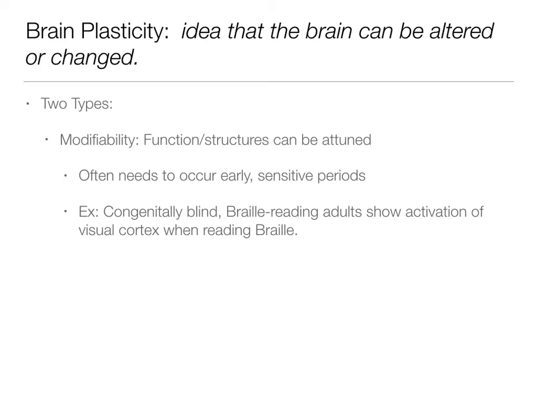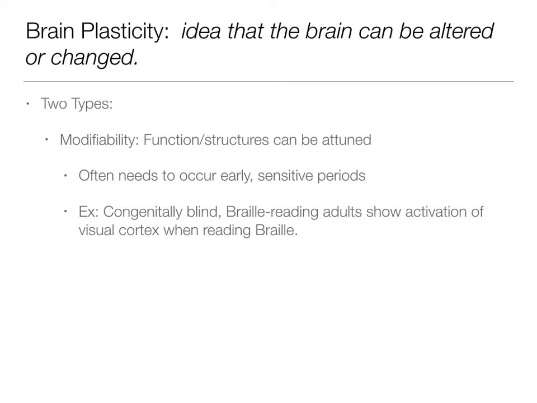So an example of this would be somebody that's born congenitally blind, so they're born not able to see. When you look at the adults who are reading Braille, so they're reading with their fingers, they're reading with their touch, they're seeing activation in their visual cortex, the part of the brain that's done for vision. Now, these people can't see.